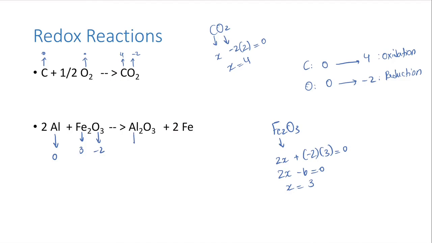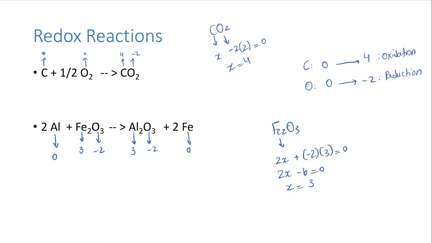Al2 here becomes 3, and here O3 remains -2. I mean the oxygen in Al2O3, the oxidation number of it is equal to -2. And then here we have the Fe equal to 0. So is this a redox?